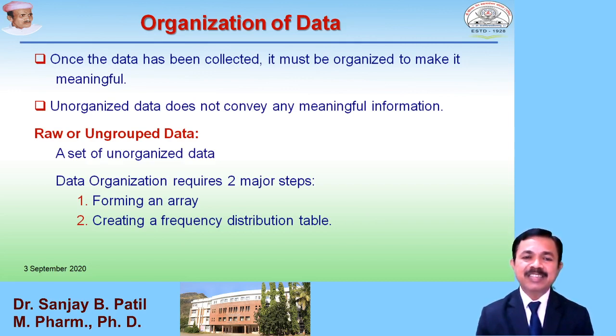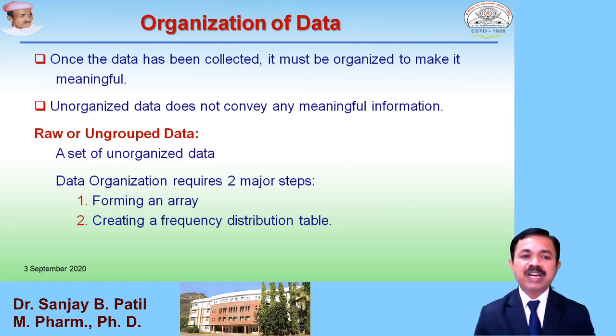Hence systematic organization of data is a very important aspect in statistics. Unorganized data does not convey any meaningful information, and whatever data is initially obtained is known as raw data or ungrouped data, which is a set of unorganized data.